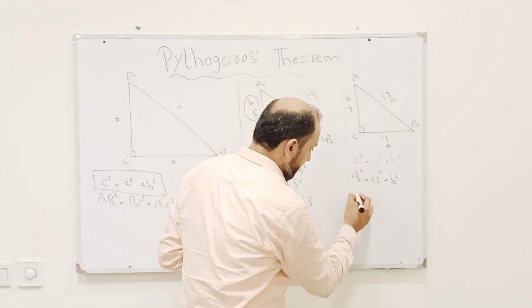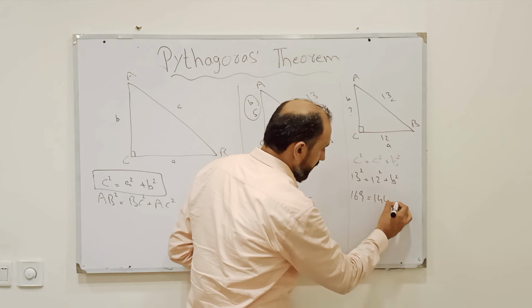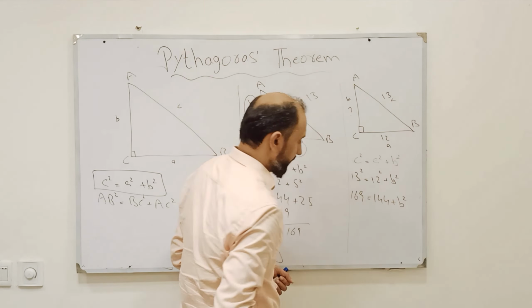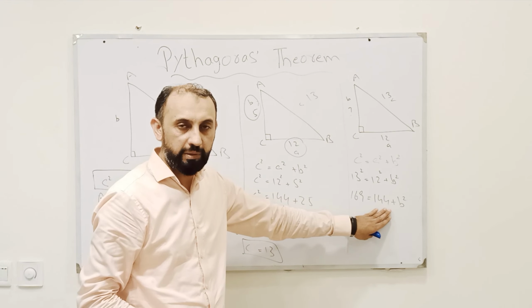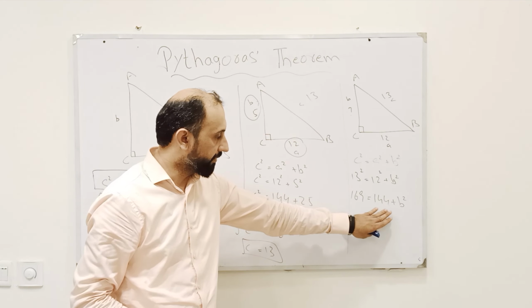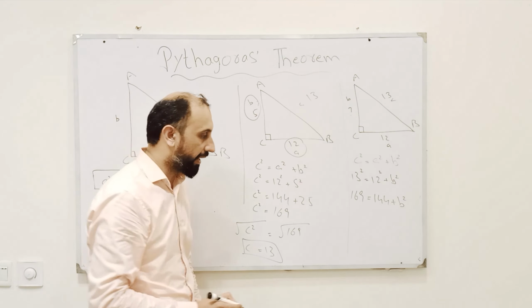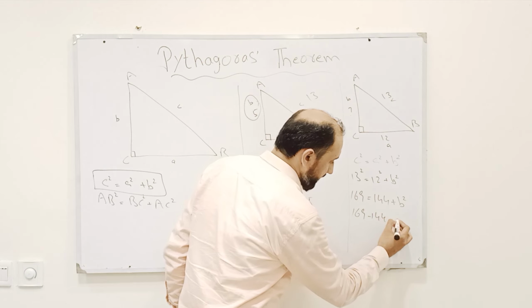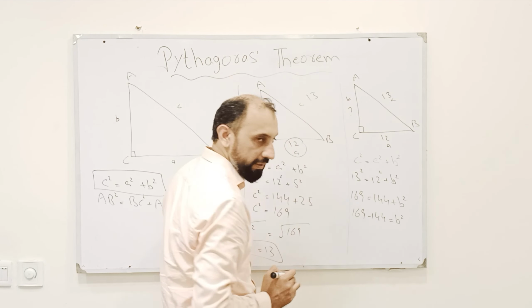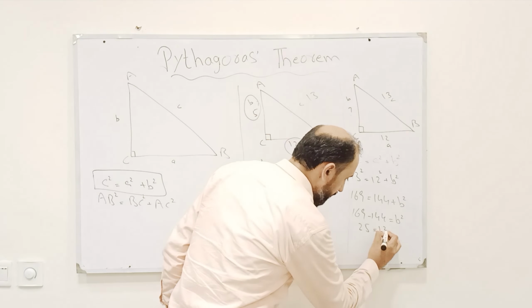So 13 square means 169 is equal to 144 plus B square. Okay, look at this concept. So 144 is on the positive side and we want to move it to the other side. So plus changes into minus. So 169 minus 144 is equal to B square. Now 169 minus 144 should be 25, which is equal to B square.